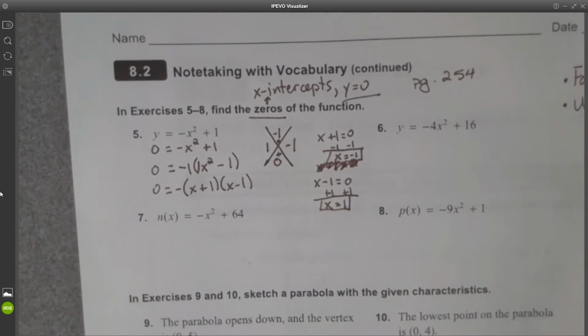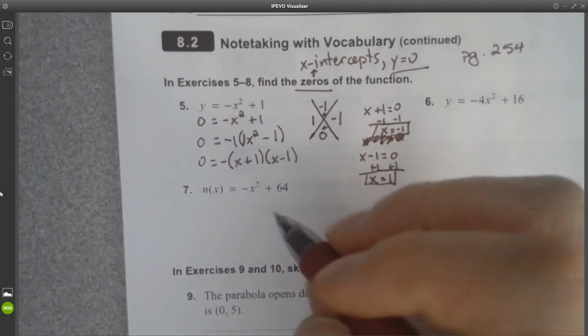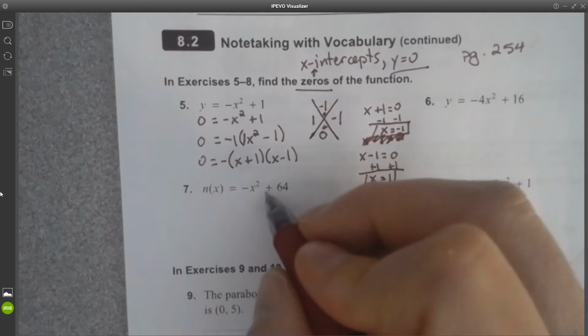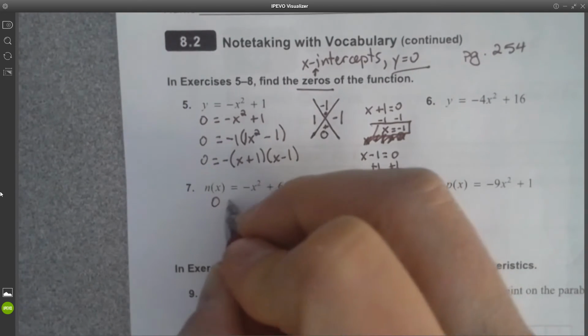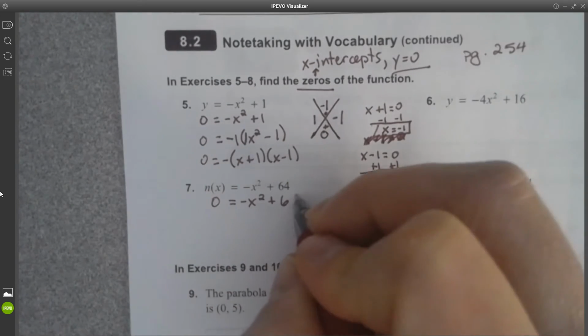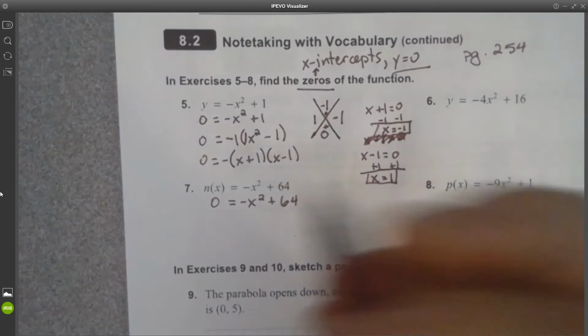Personally, I like doing this a little bit differently. Since there's not a b term here, not a middle term, we don't have to factor. If I set y equal to 0, then I can move the x squared over.